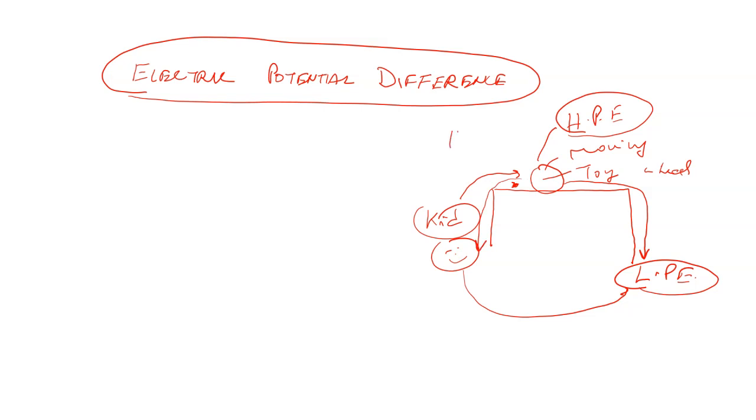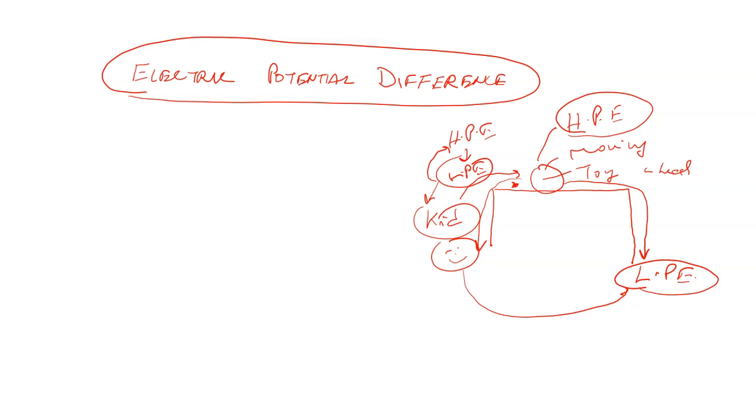Now the toy is moving from high potential energy to low potential energy, and again with the help of this kid it is moving from low potential energy to high potential energy position. This is a general example that I want to discuss.